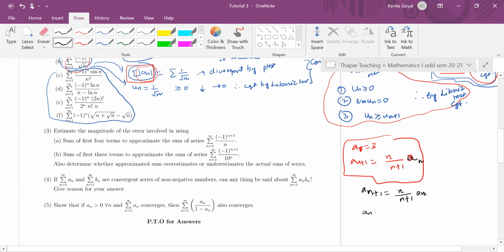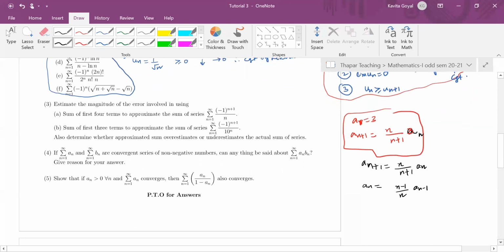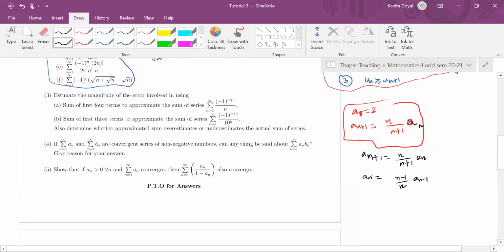So what will be an in terms of n minus 1? That will be n minus 1 upon n into a(n-1), because this is a recursive relation. If I put the value here, I get a(n+1) as n upon n plus 1 into n minus 1 upon n a(n-1).